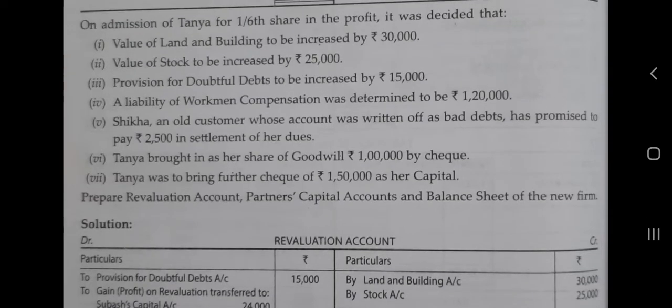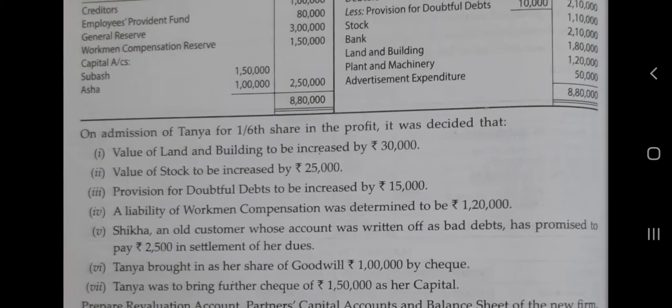Now coming to the other points that are given. In the balance sheet we have workman compensation reserve. The total amount is 1,50,000, and point number 4 says that the liability is determined at 1,20,000. We have already covered this point. Out of 1,50,000, first of all we will remove 1,20,000 and transfer it to a liability, and the remaining 30,000 will be distributed between old partners in the old profit sharing ratio.